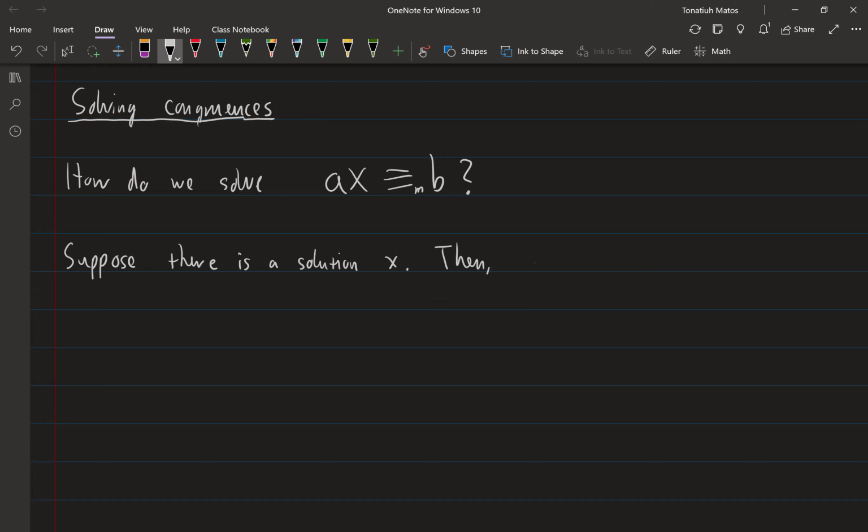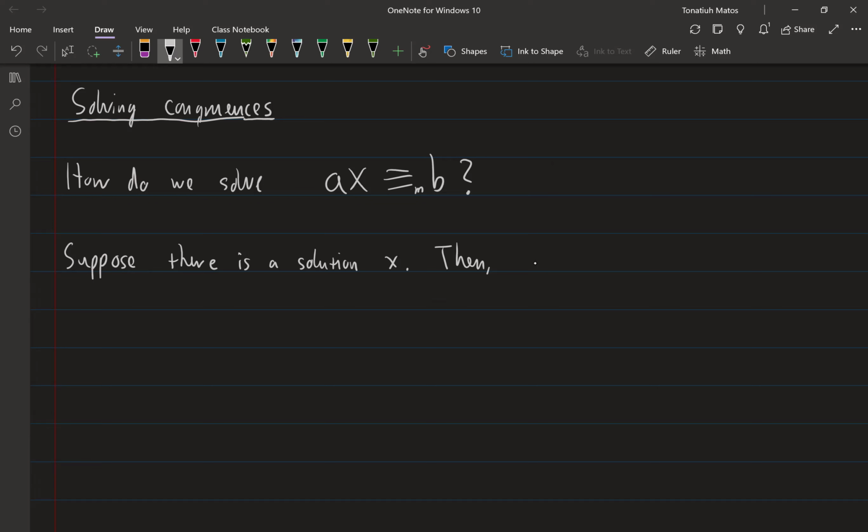The more properties you add, the more restrictive it becomes. It should become easier to find because you have a big list of things it must satisfy, or that list might be too big and contradict itself, meaning there is no solution. So suppose there is a solution and let's see if we can find it.